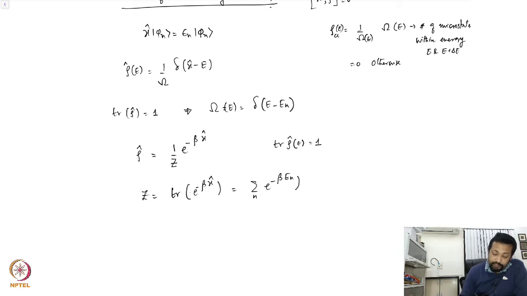So that Z is clearly going to be a function of beta, right?